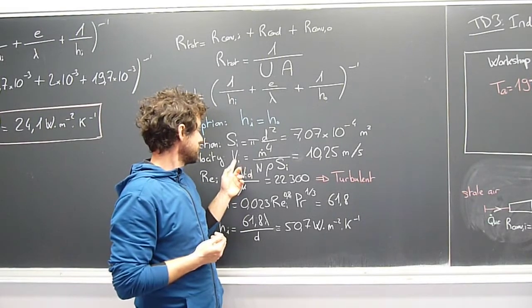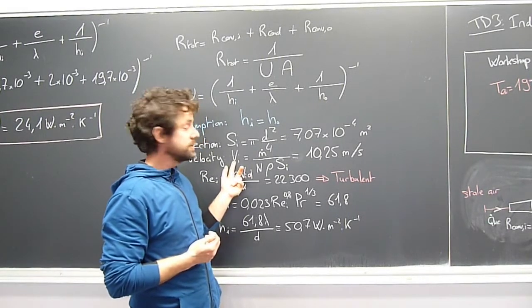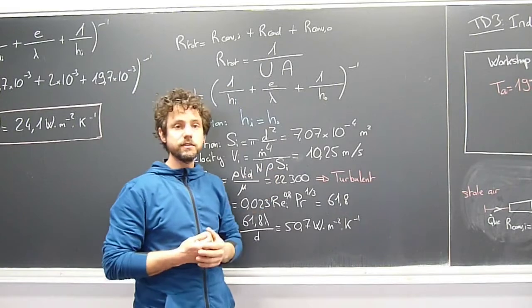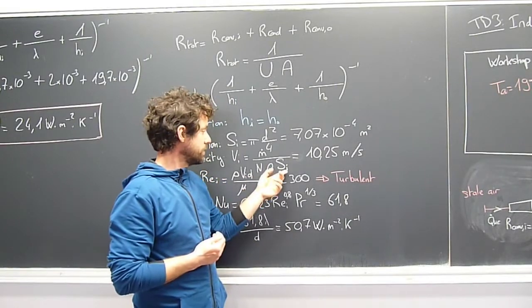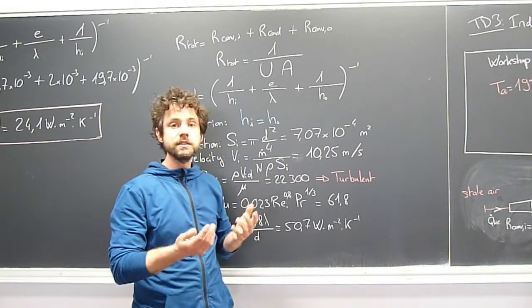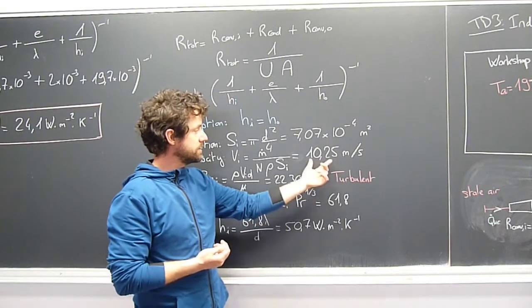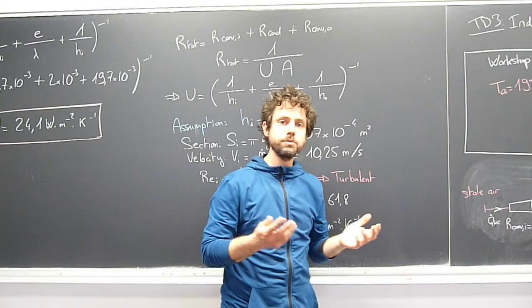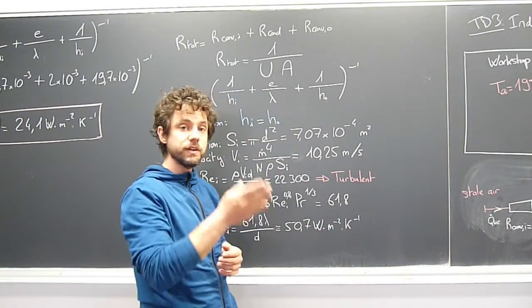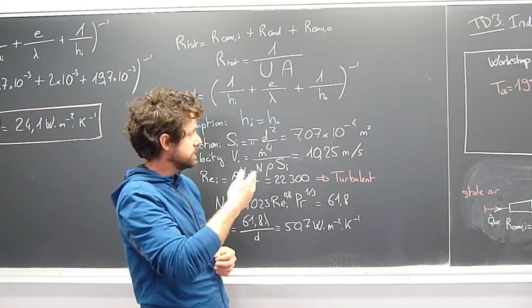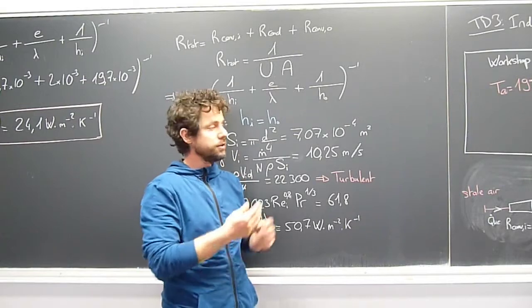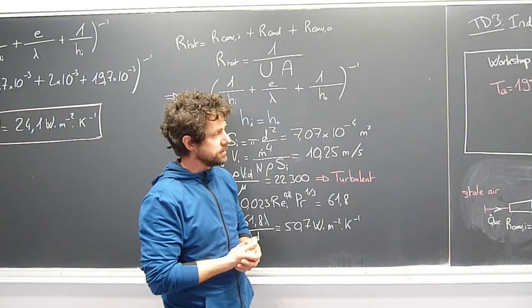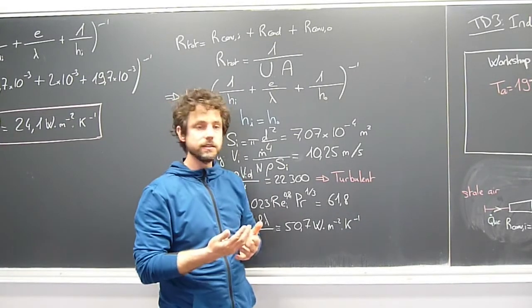And in order to get the mean velocity, we can divide this mass flow rate by the cross-section and by the density of the air, and we get 10.25 meters per second for the mean velocity in one cross-section of one pipe of this heat exchanger.